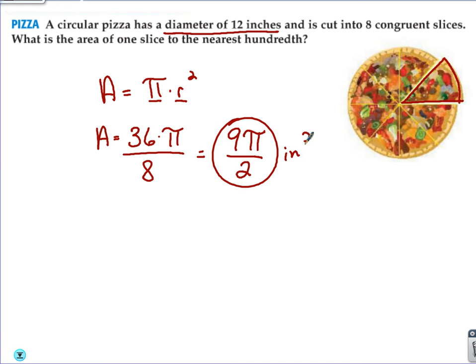inches squared. And again, I told you, that's exact, but that doesn't mean a lot to us. Approximate makes more sense to us. 9 times 3.14159 divided by 2, somewhere around 13. 9 times pi, we should be somewhere a little bit bigger than 27. 9 times pi divided by 2.